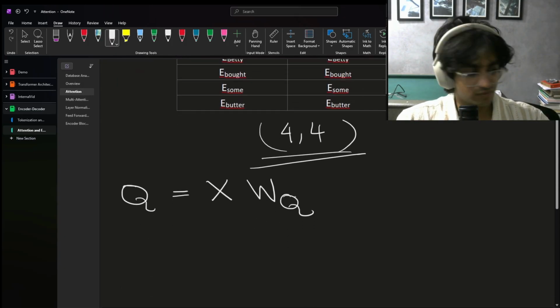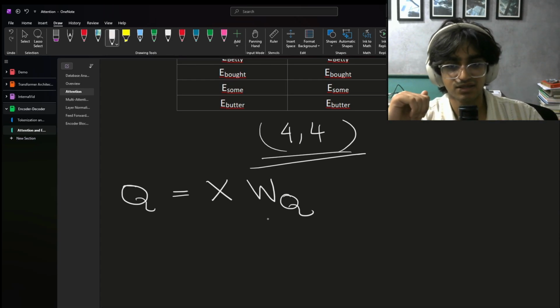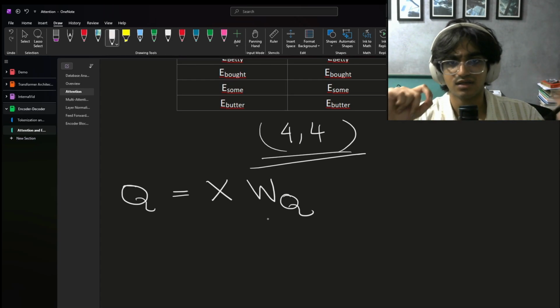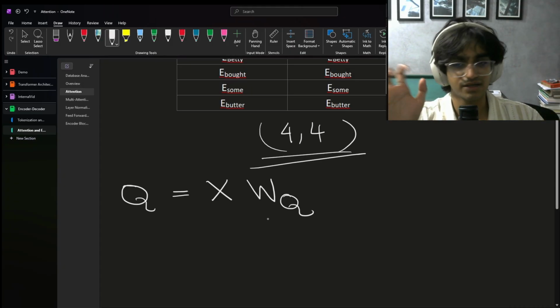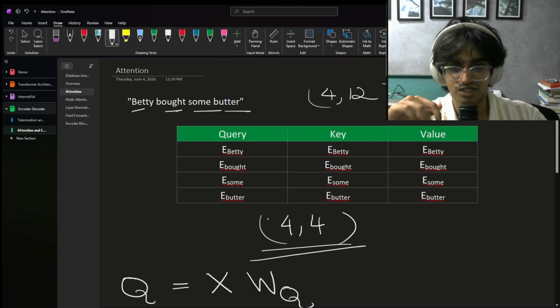Here, X is your positional embeddings plus your input embeddings, and WQ is a random weight matrix that is initialized using PyTorch and everything. This is done so that we can differentiate between the query, key, and value.